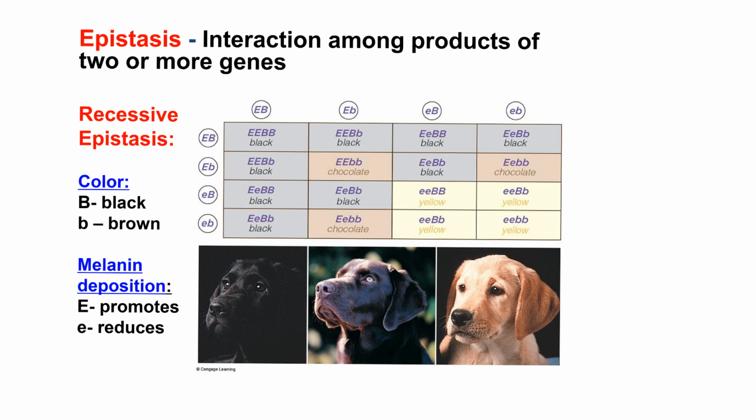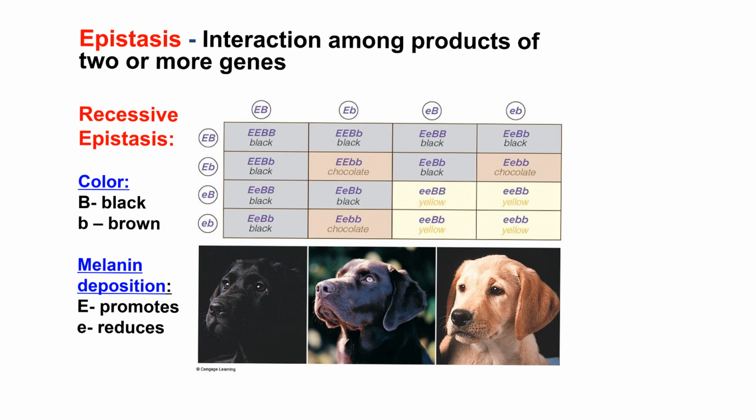Epistasis can be either recessive, dominant, or duplicate recessive. We will consider first recessive epistasis, and we will go over two examples. Firstly, we will talk about the color in Labrador Retriever, and afterwards we will discuss ABO antigens in blood groups.